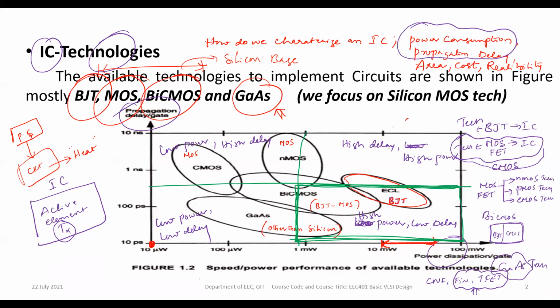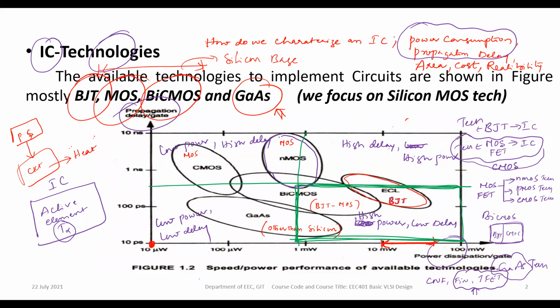It is self-explanatory that if you are using the bipolar junction transistor, it consumes high power but has low delay. Fine. When we talk about the NMOS technology, people will feel that the power consumption of the circuit is very high, because high power circuits are not at all acceptable to realize integrated circuits in portable applications.